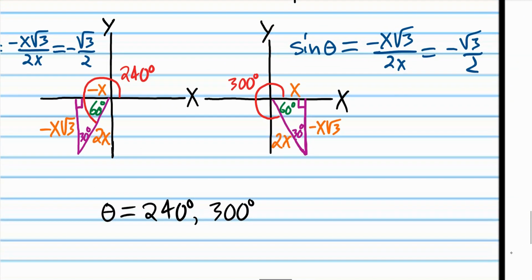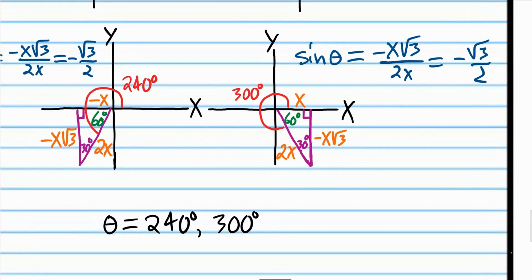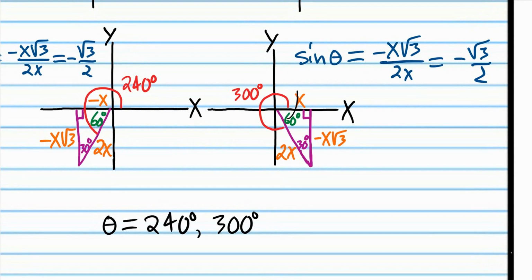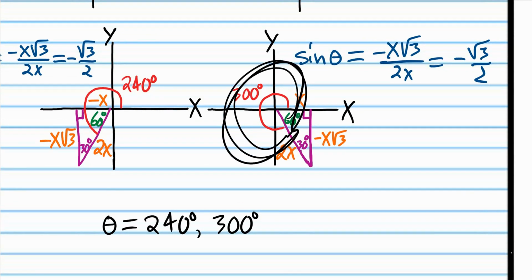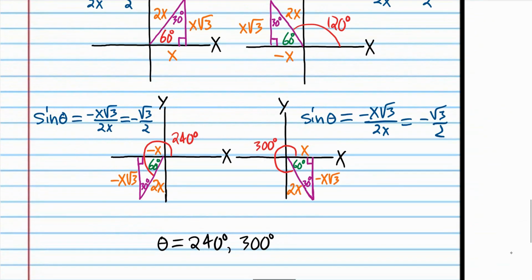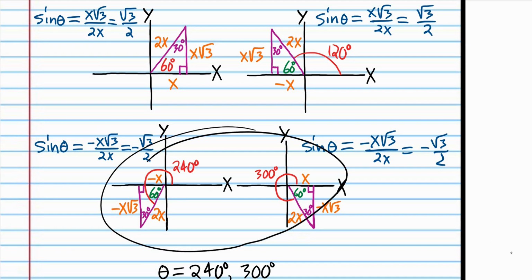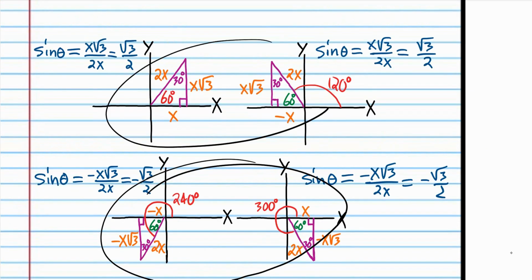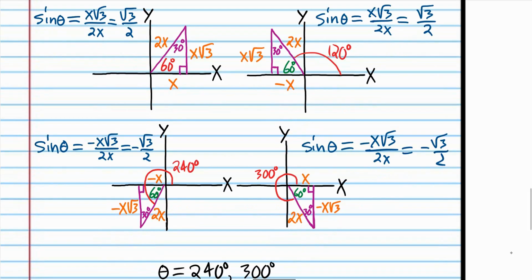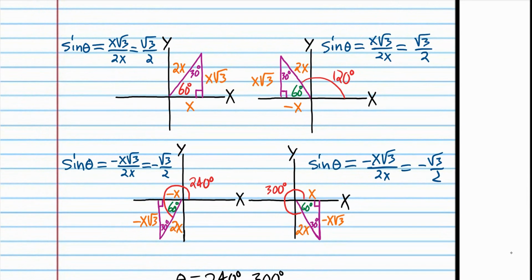Now, we can actually keep going. We can actually keep rotating around and around and around. I can find all kinds of coterminal angles for these angles down here. I don't want coterminal angles for angles up here, because those are not going to produce negative root 3 over 2. They produced positive root 3 over 2, as you can see up here. That's not the right value we're looking for.